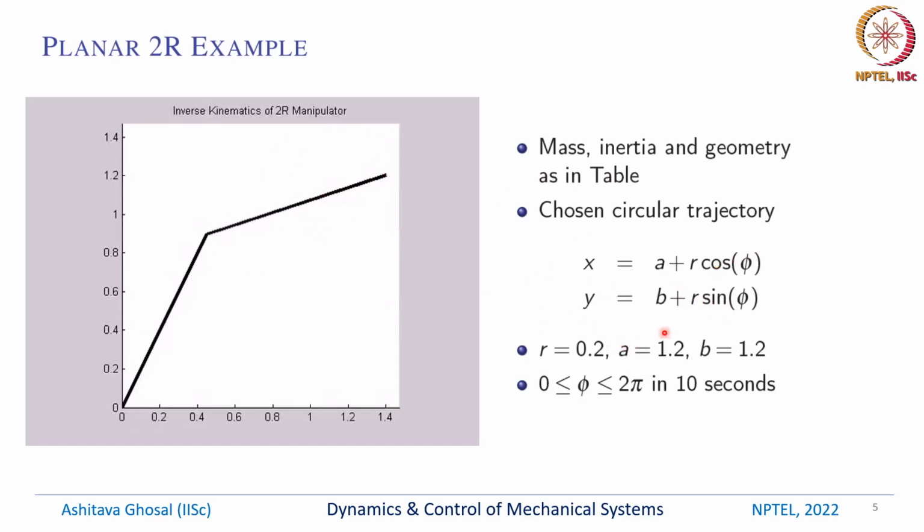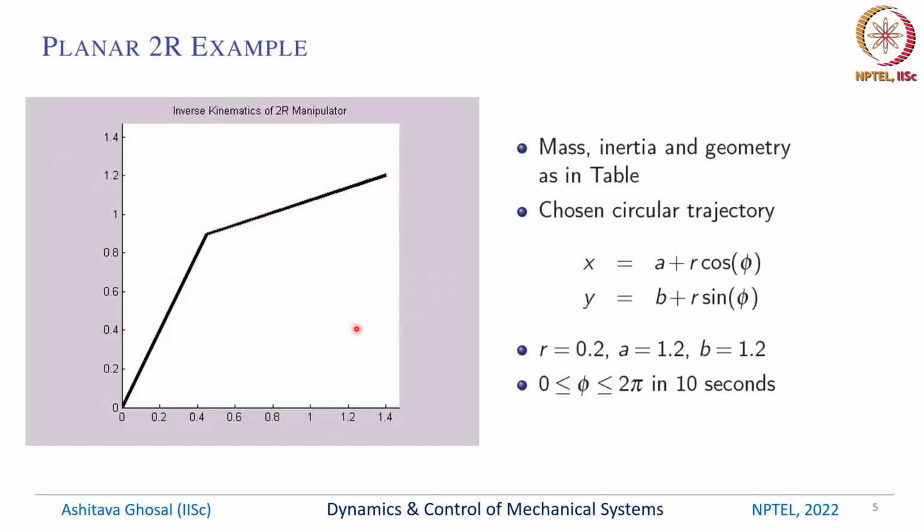To find out what the circle is and where the circle is, we need to choose some r, a and b. Again in this example, I have chosen r as 0.2 meters, a as 1.2 and b as 1.2. So the center of this circle is somewhere here, 1.2 here and 1.2 here, and it is a circle of radius 0.2.